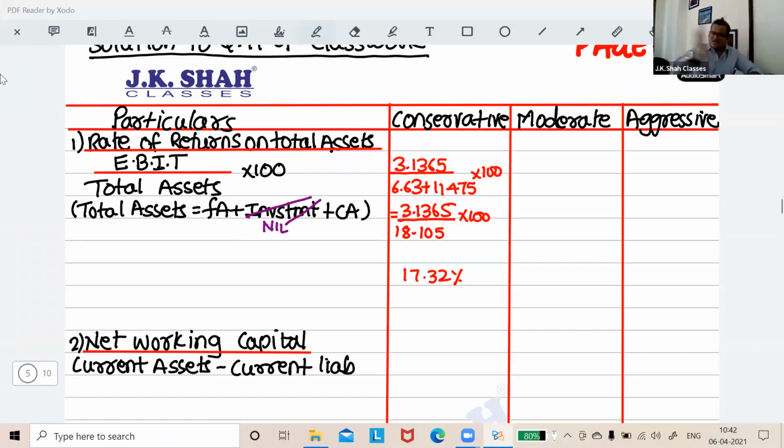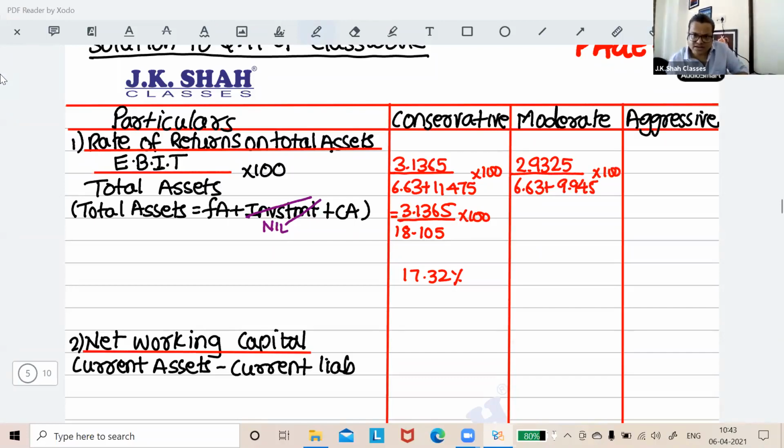Let's complete now for all the plans. For moderate, EBIT is 2.9325. Correct. Then fixed assets are same, no? 6.63. What will change is the current assets. Current assets for moderate plan are 9.945.